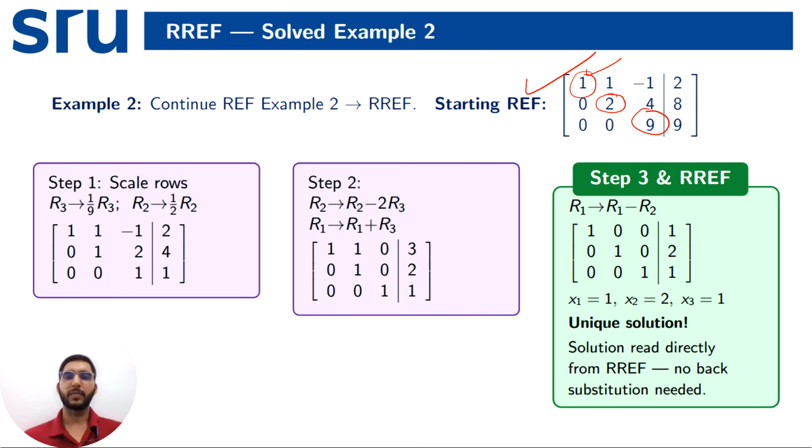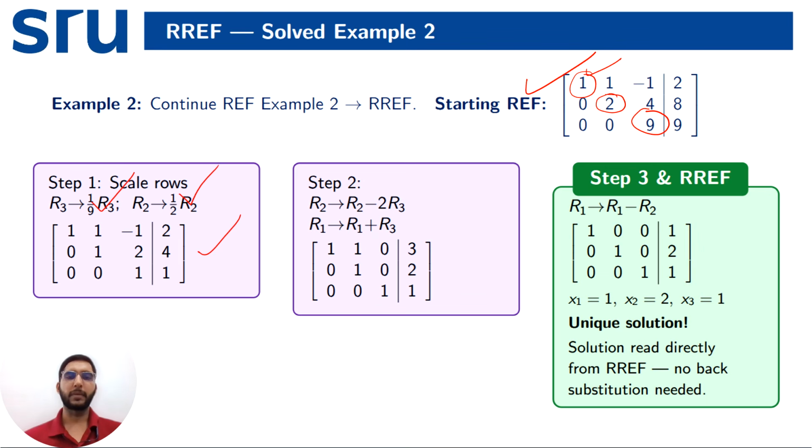So let us convert each pivot entry to 1, by the row operations row 3 changes to 1/9 row 3, and row 2 changes to 1/2 row 2. After that, in step 1, we get this kind of matrix.